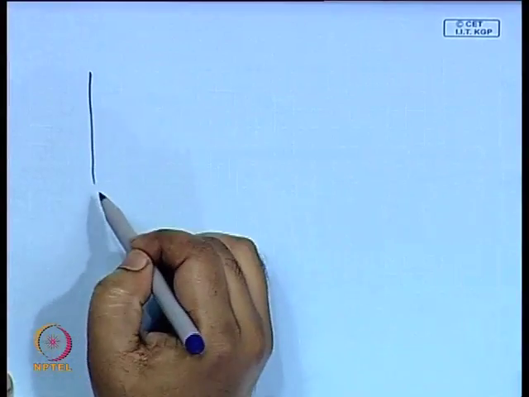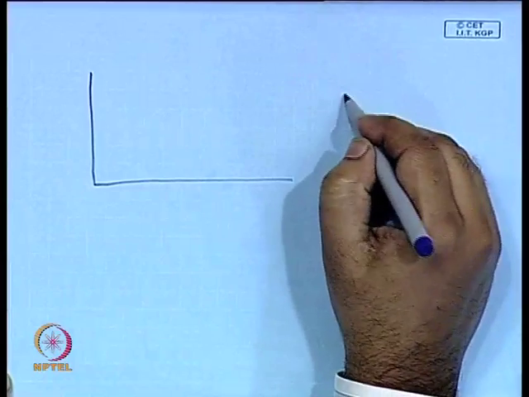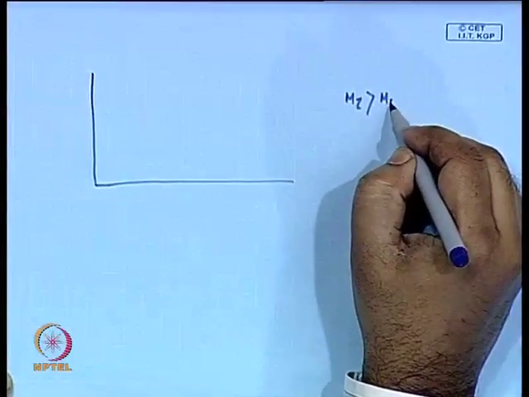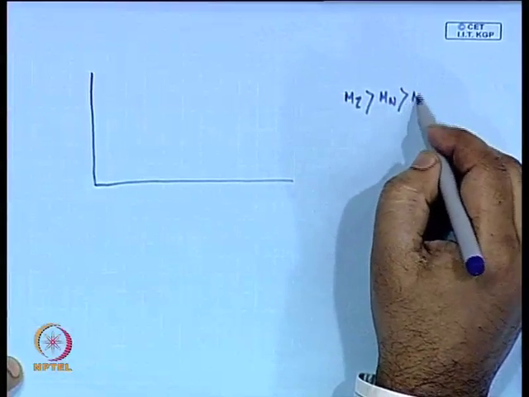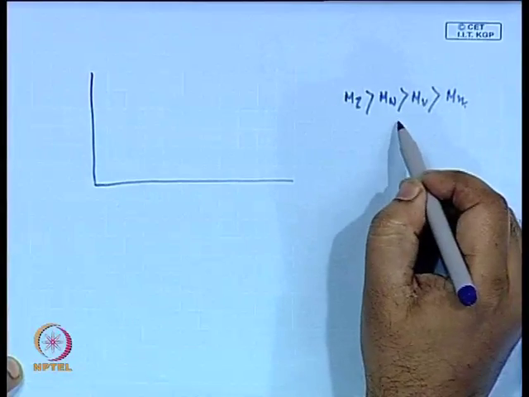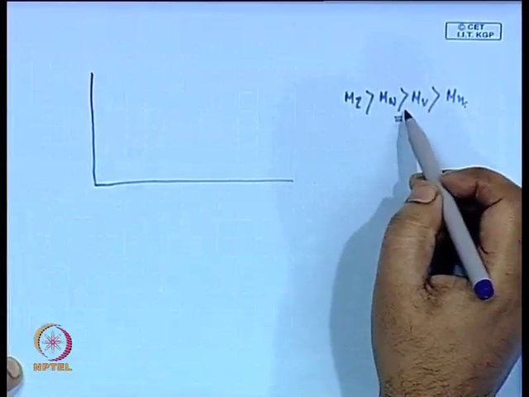So, typically, what is the ranking? Mz is always higher than Mw, then Mv and Mn. Now, Mv and Mw are very close to each other.